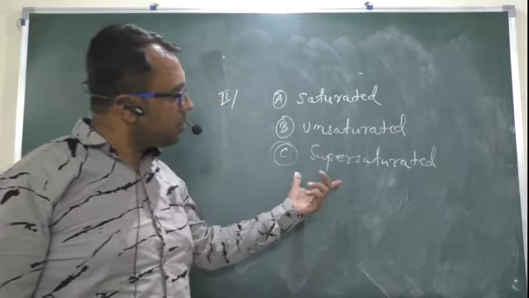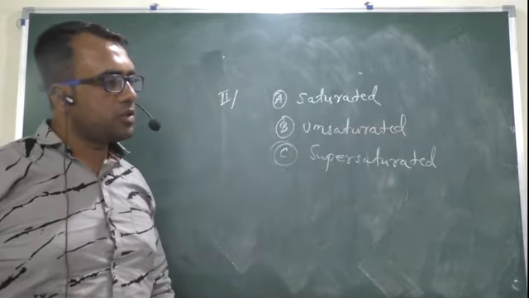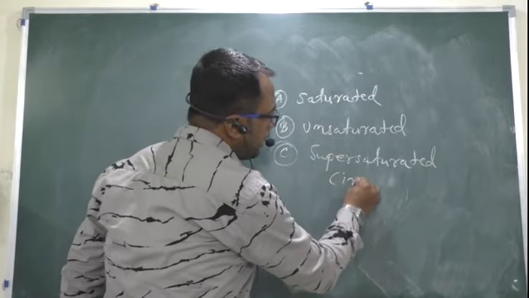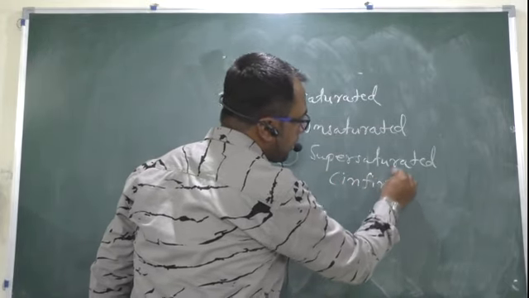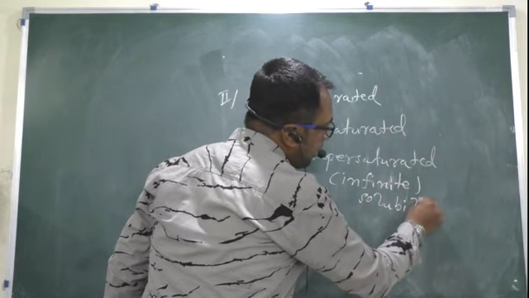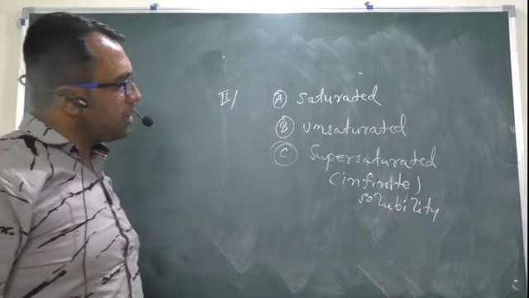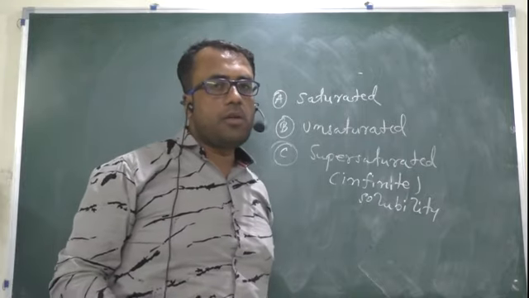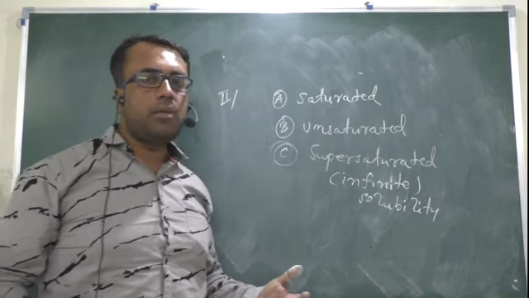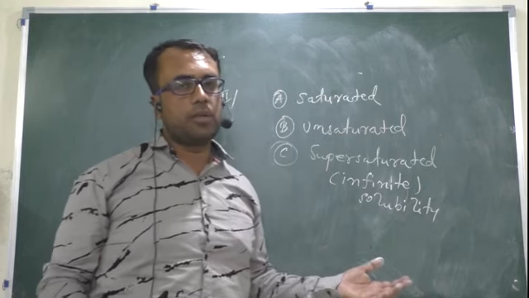And the third one is a supersaturated solution. We say that it's the solution with infinite solubility. What we mean by infinite solubility is, we take the example of the solubility of salts in seawater. My dear students, you know there is not a particular limit or maxima for the solubility of salt in the seawater.